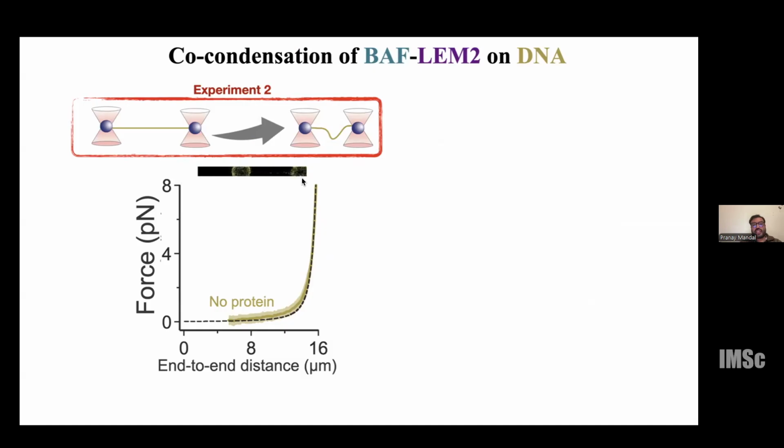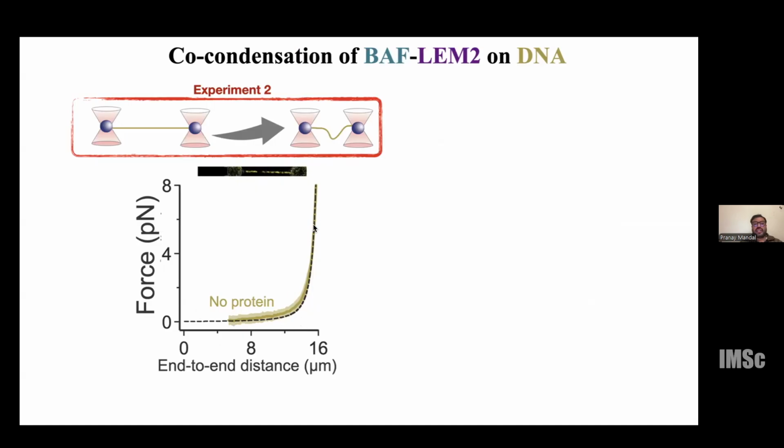What you are seeing is two beads with a DNA in between, and I'm stretching and relaxing this DNA and observing how the force and the distance change. The distance between the two beads is very small, the force is low, which means the polymer is completely slack and mainly dominated by the entropic force.